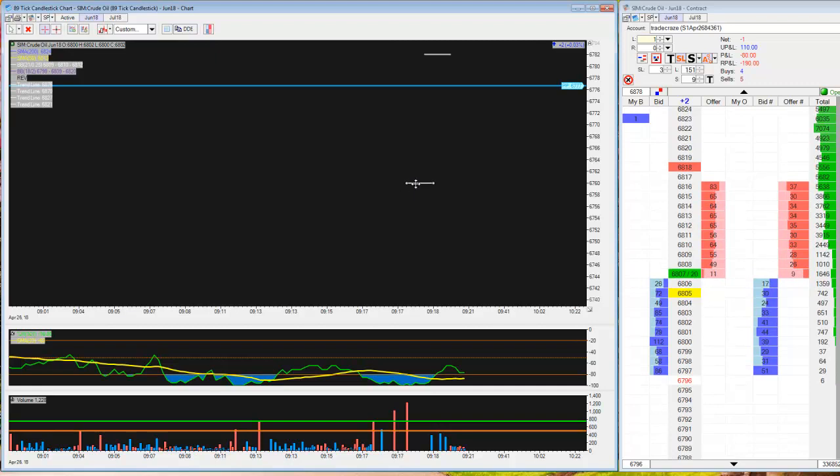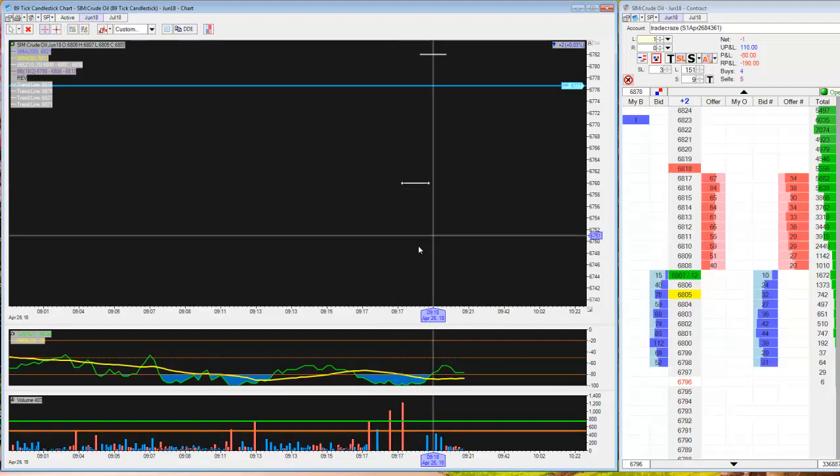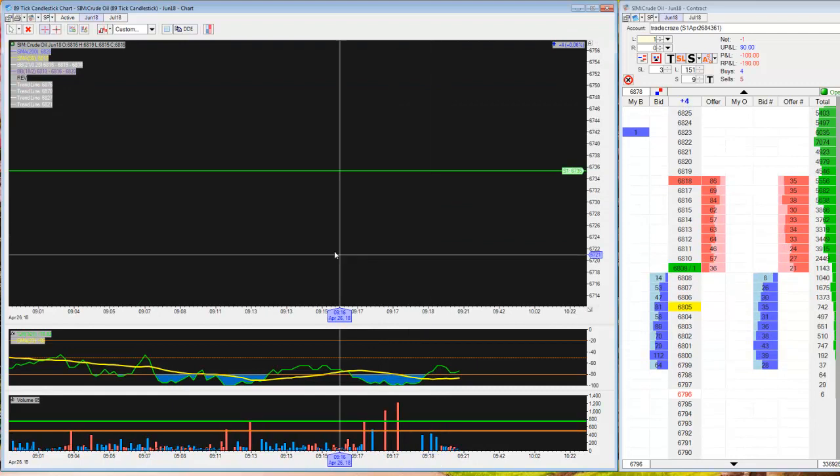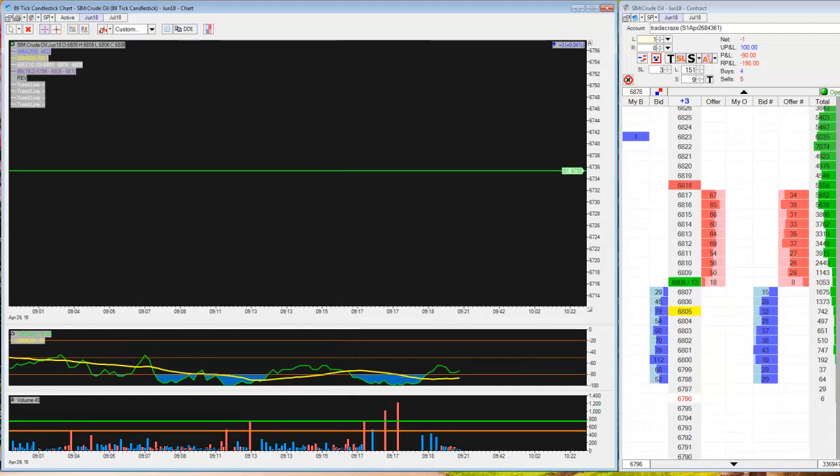Then 60. If we can get down in this range, then S1 is definitely within range.